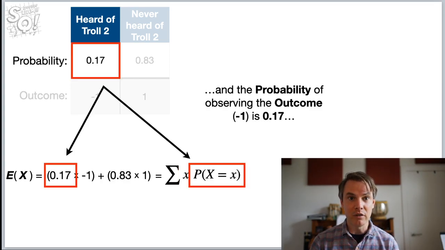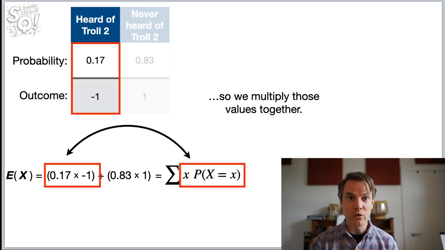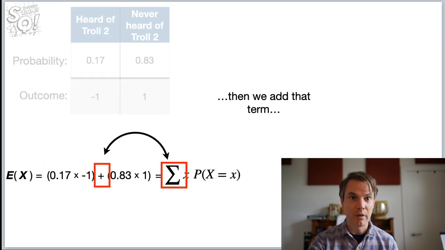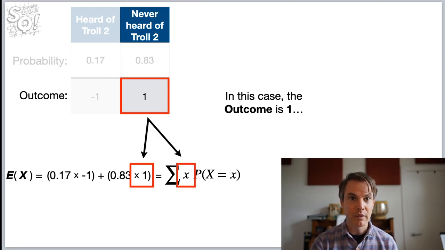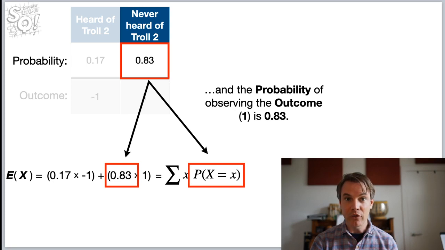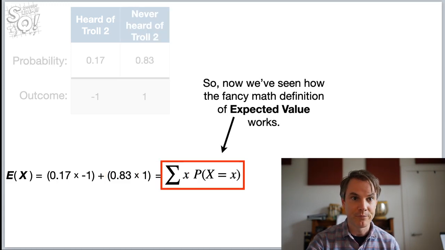And the probability of observing the outcome of -1, of observing the loss of money, is 0.17. So we multiply those two values together. Then we add that term to the term for not heard of Troll 2. And in this case, the outcome is 1. So x equals 1. And the probability of observing the outcome of 1 is 0.83. So we see the probability that x equals 1 is 0.83.